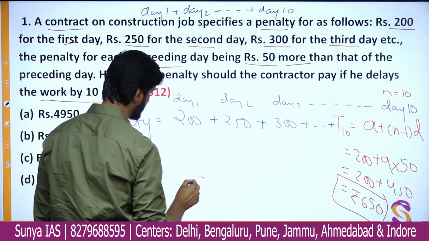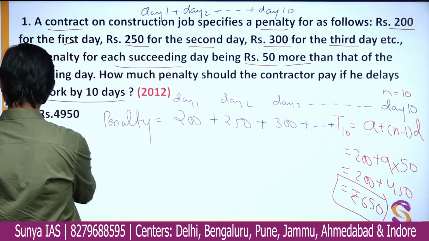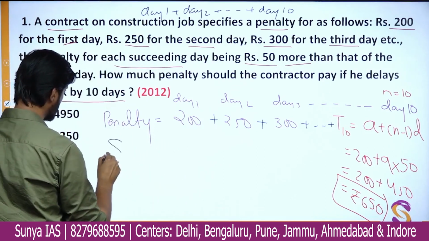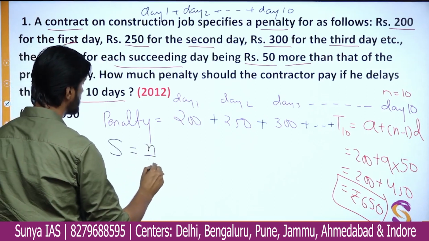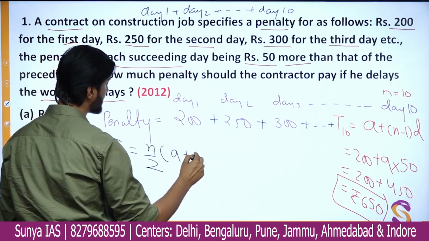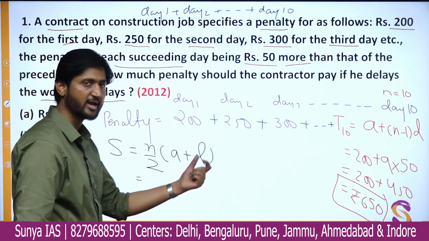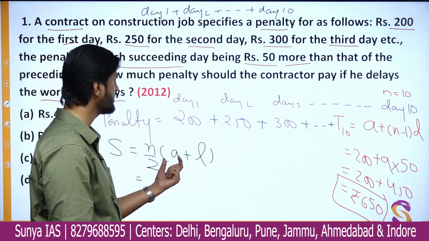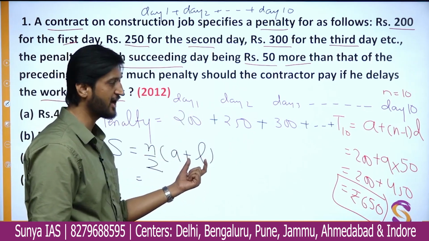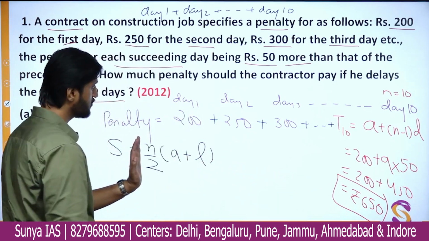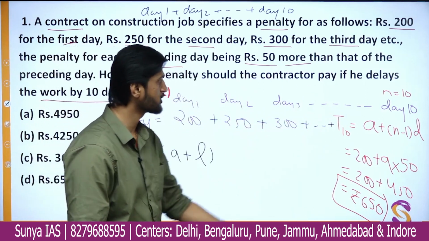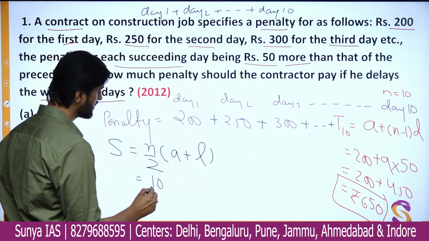You have a simple formula which says the sum of an AP is equal to n by 2 times a plus the last term, I am writing it like L, that is T1 plus T last. T1 will be a and T last will be this 650. What are the total number of terms? There are a total of 10 days, or 10 terms, divided by 2.